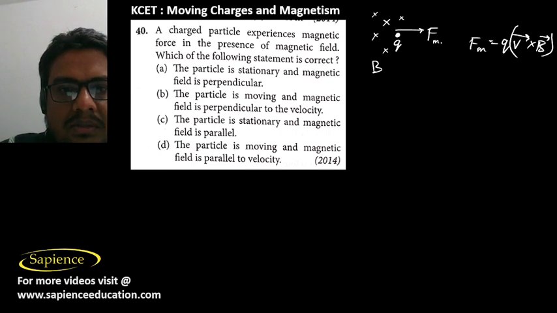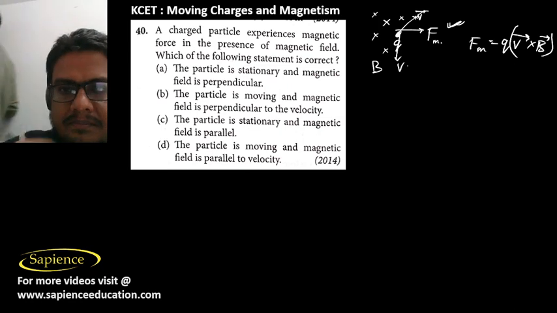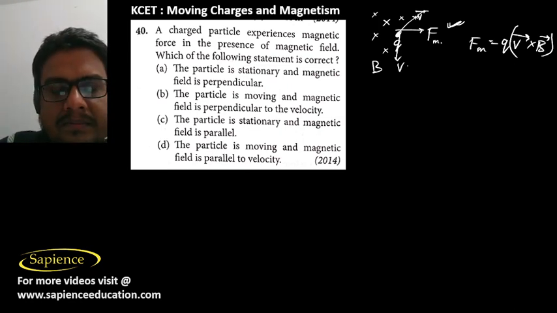The particle is moving and magnetic field is parallel to the velocity. So some component of velocity should be there which is perpendicular to the magnetic field. Then only some magnetic force will act. So it means that option B is the correct answer: the particle is moving and magnetic field is perpendicular to the velocity.